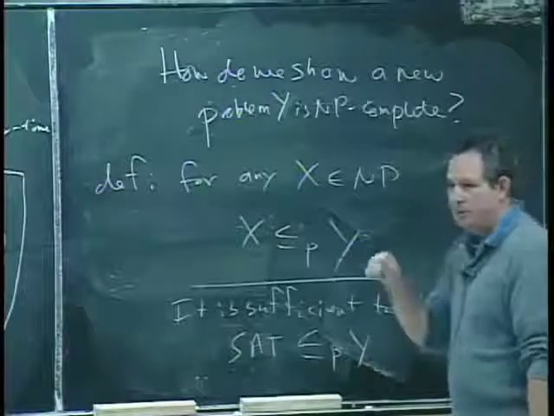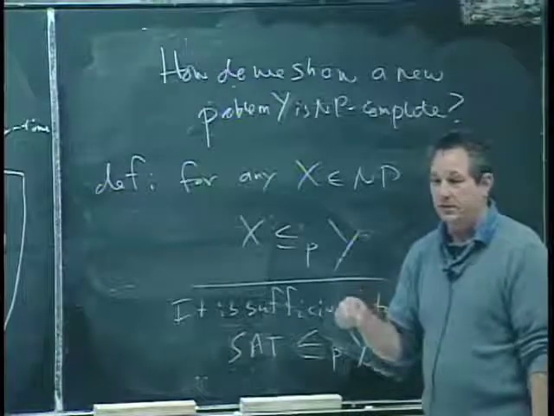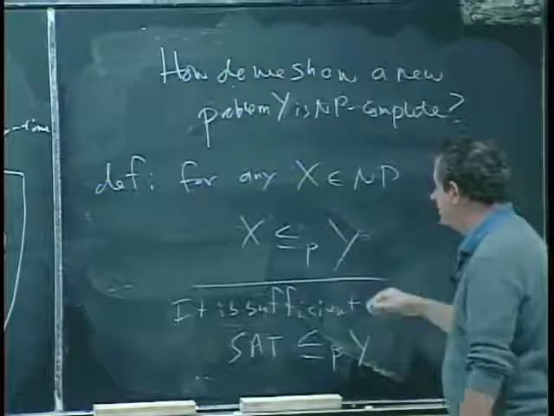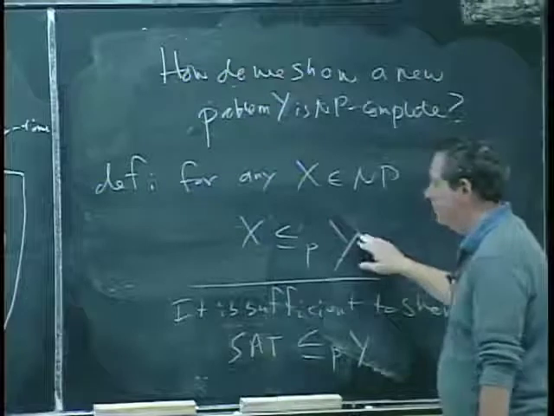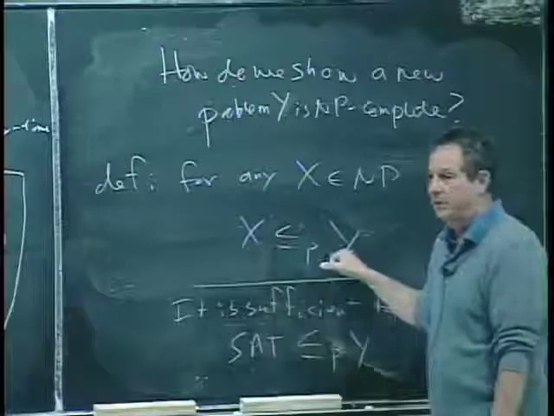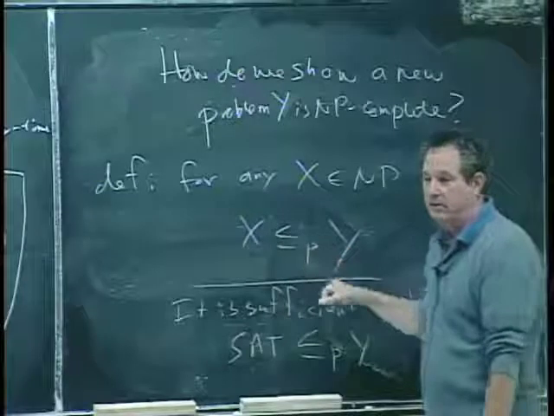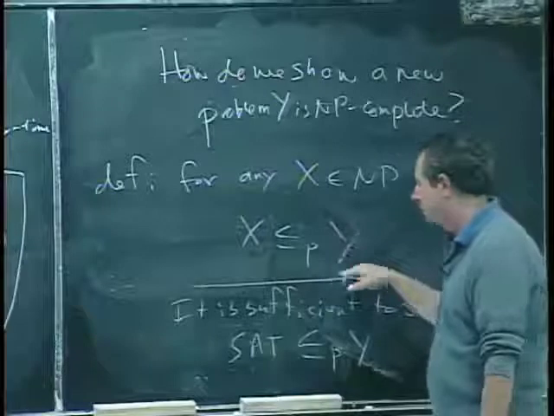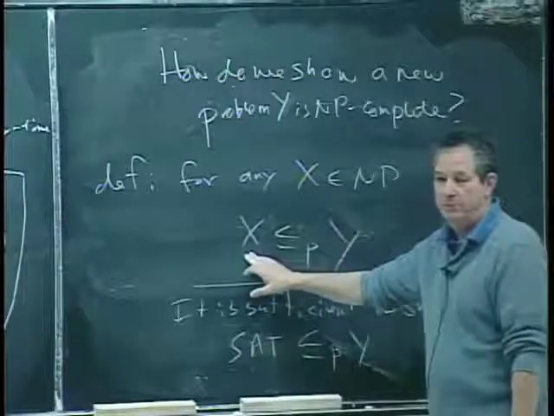The mistake that most people make, and this will be on the final exam, and some people will make this mistake, is when you want to prove a new problem Y is NP-complete, you reduce an established NP-complete problem to Y. That's the logic of it. You don't reduce the problem you're trying to prove as NP-complete to an established NP-complete problem.